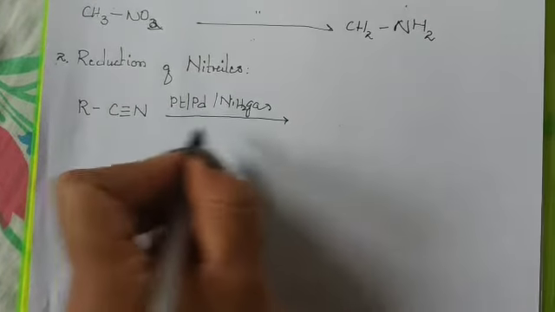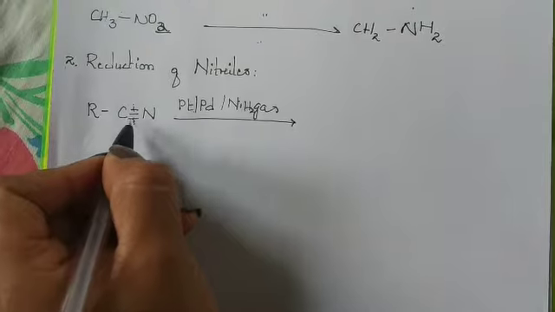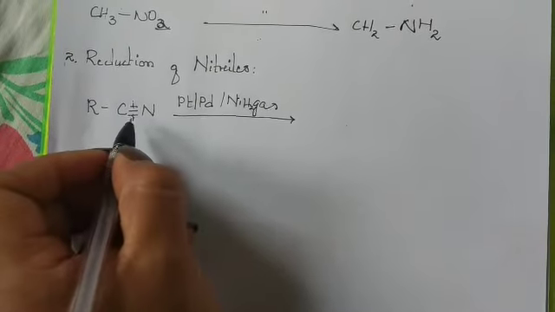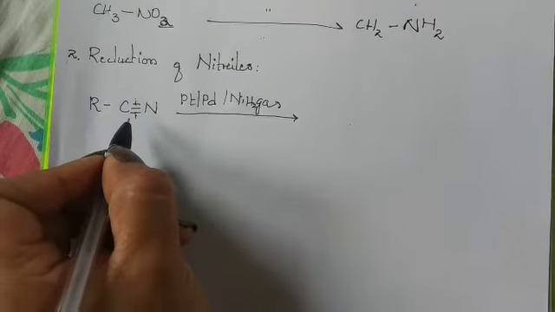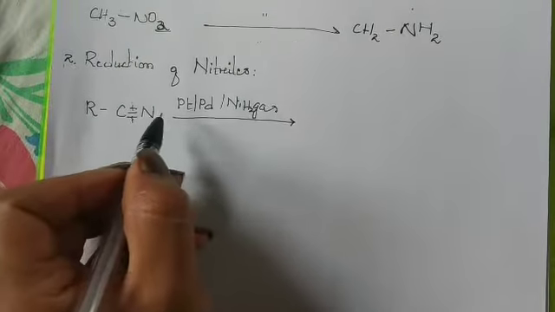Now, this results in the two pi bonds breaking up. The reduction of nitriles is for ascent of the series, giving primary amines.